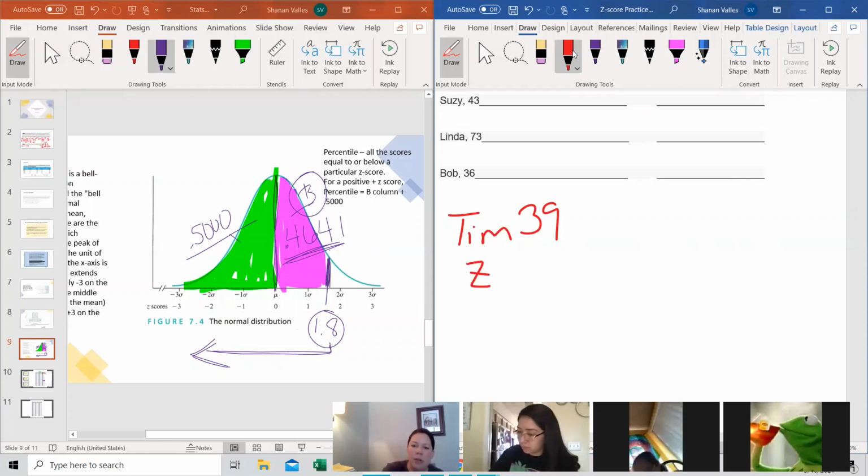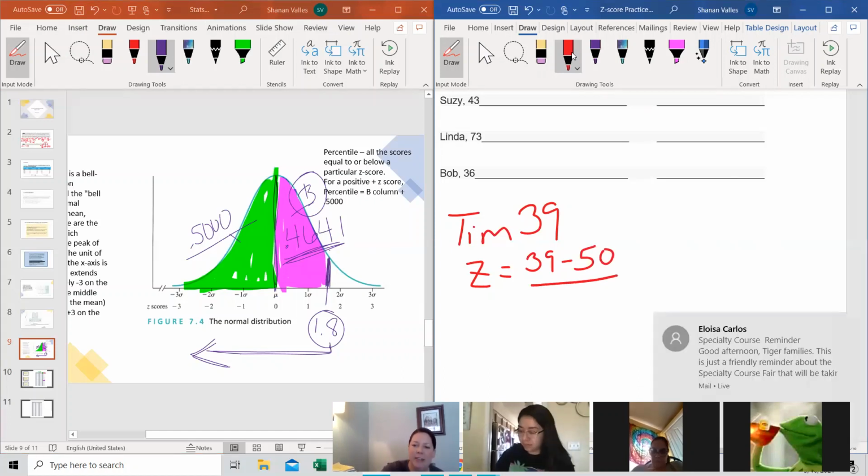So a z-score for Tim would be 39 minus the 50 divided by 10.